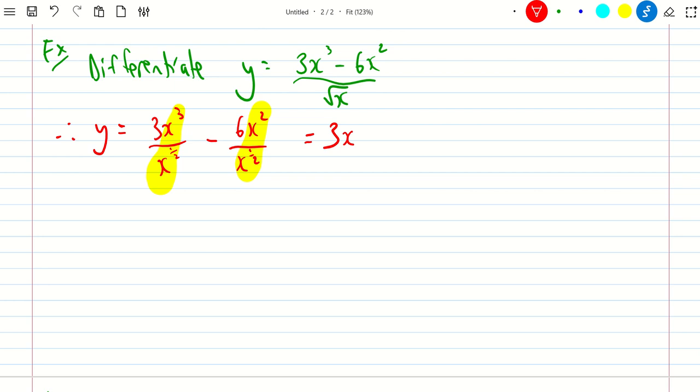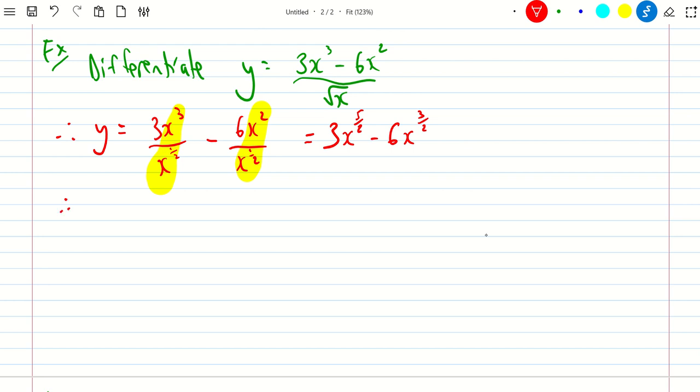Well, 3 take away half, that's 6 over 2 take away 1 over 2, so that's going to be 5 over 2. Take away 6x, and then we've got 2 take away half, so that's 4 over 2 take away 1 over 2, so that's going to be 3 over 2. Now I've written it as powers, life is a lot easier.